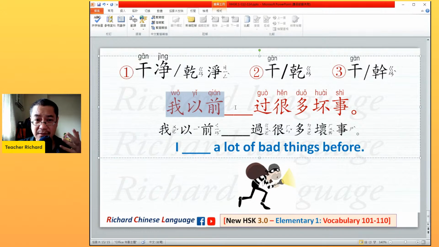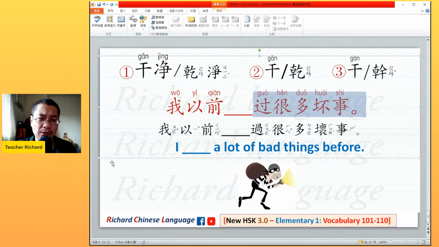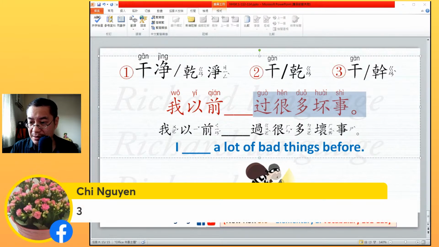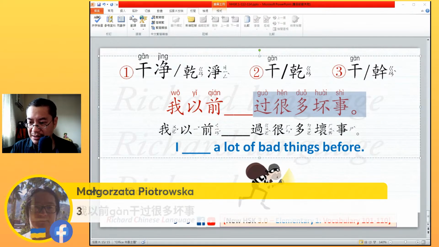我以前干过很多坏事。干 in the fourth tone means to do. I did a lot of bad things before. Very good.